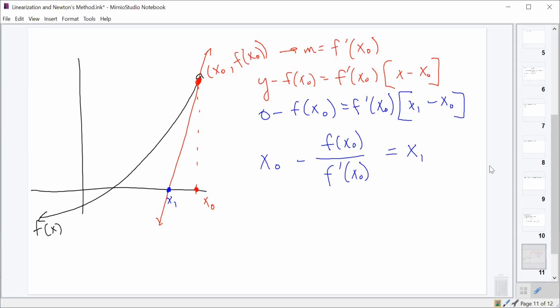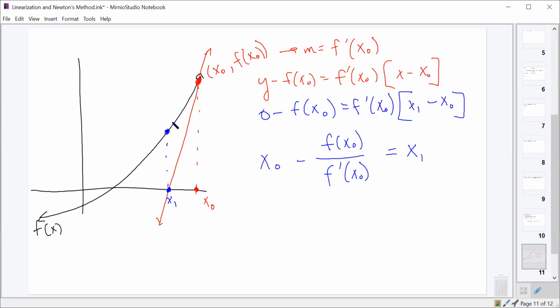Yes, no, maybe? All right. Well, is this the x-intercept of my function? No. Is it a better approximation of it than x naught was? Yes, it is, right? Okay.